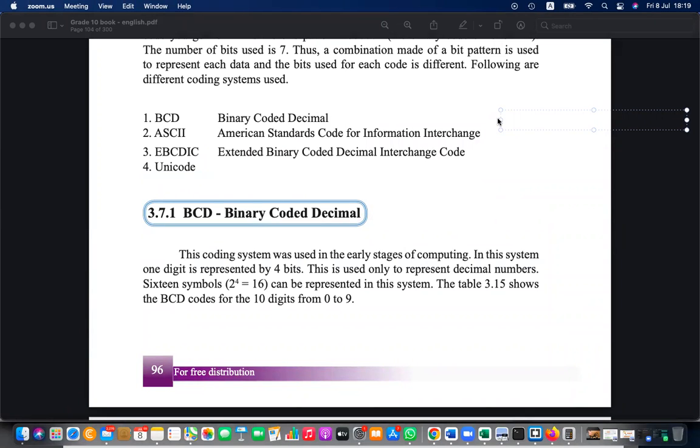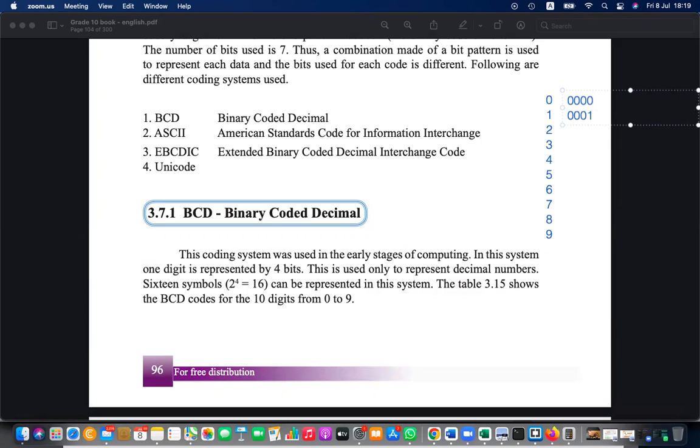BCD can represent numbers, the digits from 0 up to 9. So these are the digits. To represent them, there is a table-like thing, a code. 0 is represented using 4 zeros.